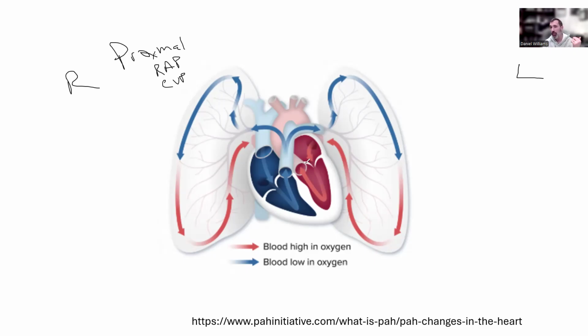If we talk about afterload to the atria, a stenotic tricuspid valve could cause an issue there. So if you're beginning to have a stenotic valve and the right atrium is having a little bit more difficult time moving blood through the right ventricle, it would make sense that we might see an elevated CVP or RAP.